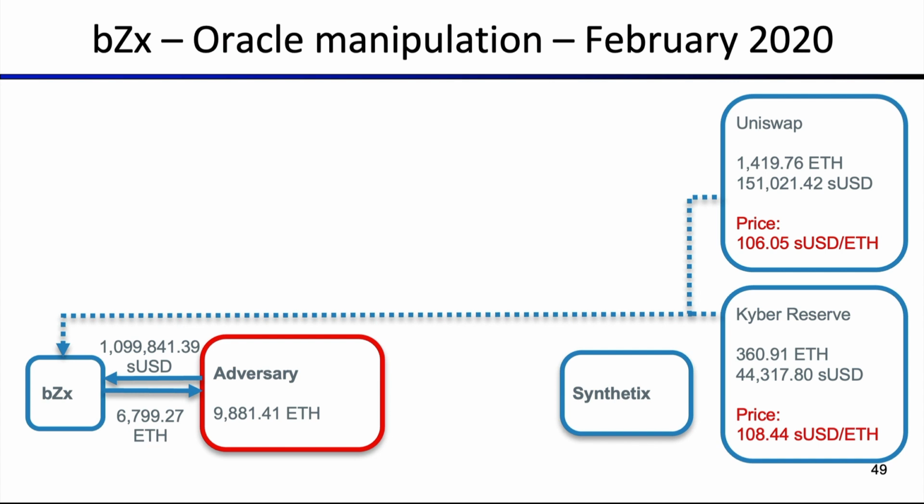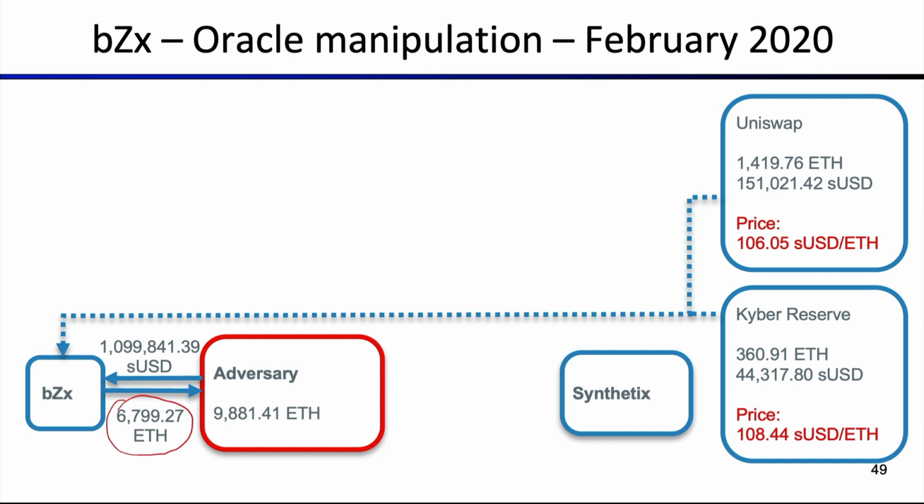And given this SUSD, the adversary can lend now ether at this platform. So we have about 1.1 million SUSD, which will give us almost 6,800 ether. So quite a significant amount in terms of ether. If you remember, we took roughly this amount at the beginning in the flash loan.